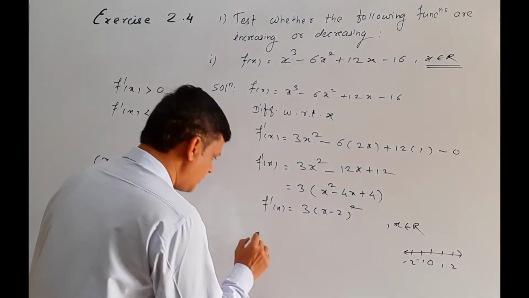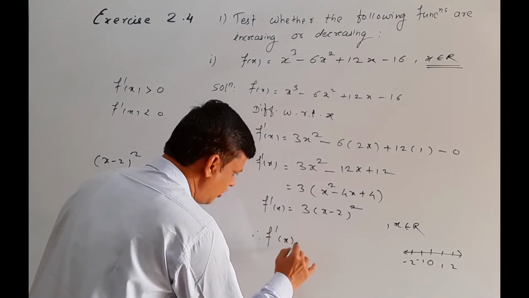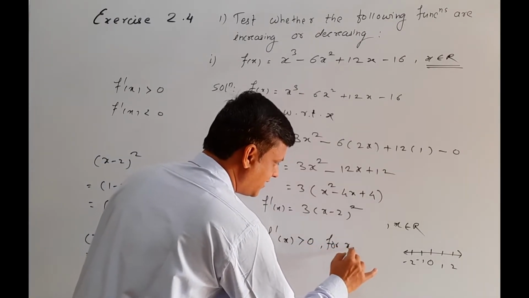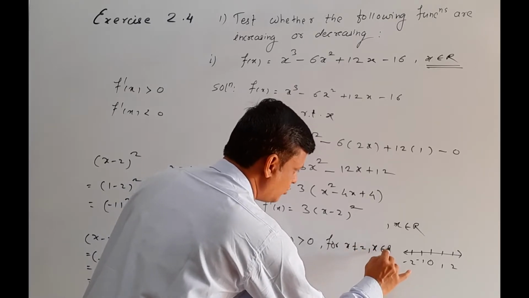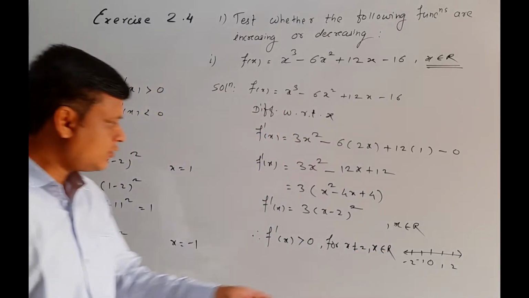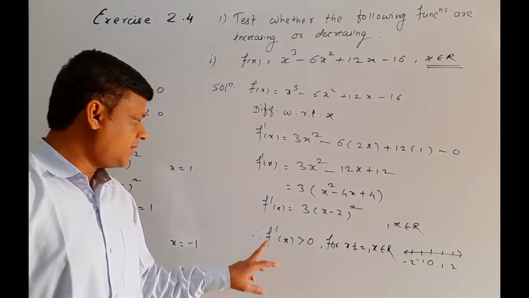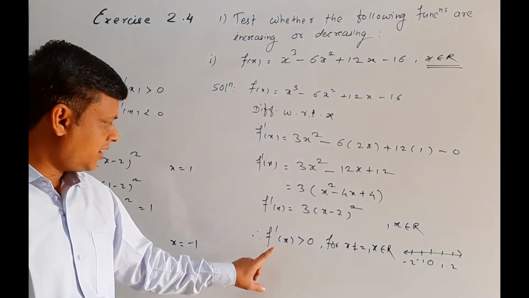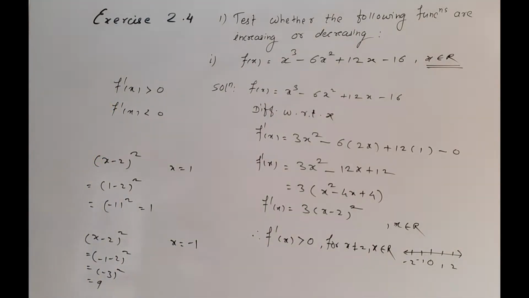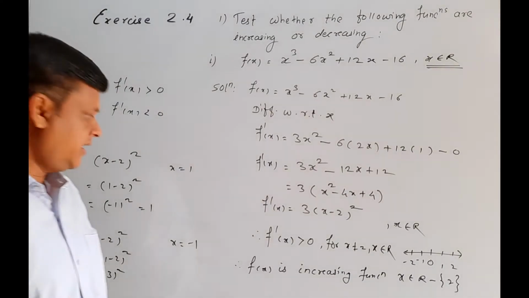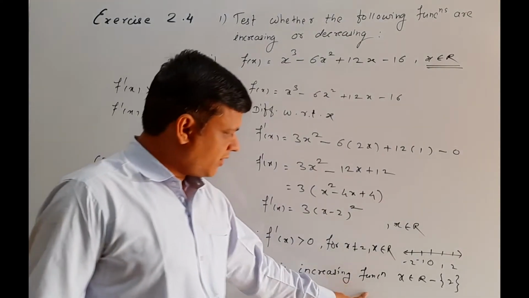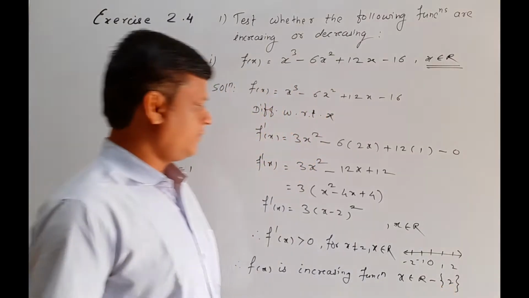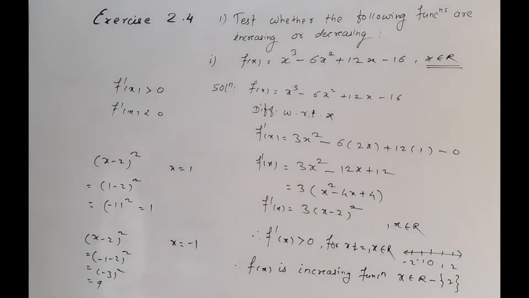Therefore f dash of x is greater than 0 for x not equal to 2, x belongs to R. Excluding x equals 2, f of x is an increasing function. So f of x is increasing for x belongs to R minus 2, that means excluding 2.